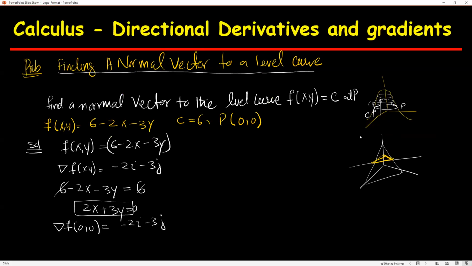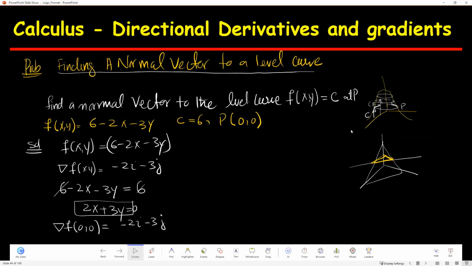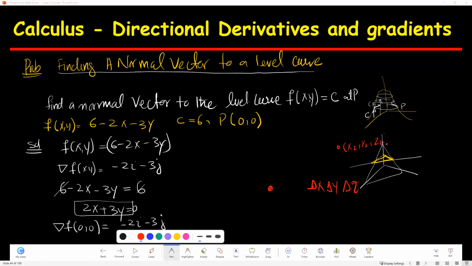All right, let's review this concept one more time. The directional derivative is a gradient, a change. That change happens in vector form, in coordinate form. If somebody gave you two coordinates and asked for the change delta x, delta y, delta z, all you have to do is take x2, y2, z2 and x1, y1, z1.